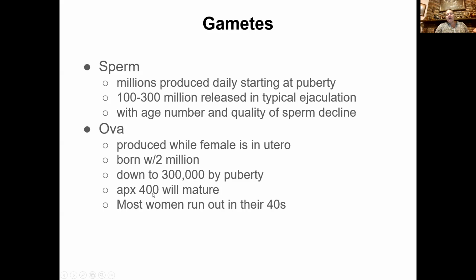And then we only have about 400 that will mature. And most women run out of their ova or eggs in their 40s. So it's pretty interesting. The last portion of meiosis to occur: these eggs sit there in limbo until we reach puberty and a reproductive age, before we start completing the whole process. So women run out in their 40s.